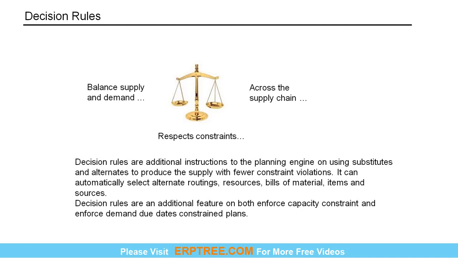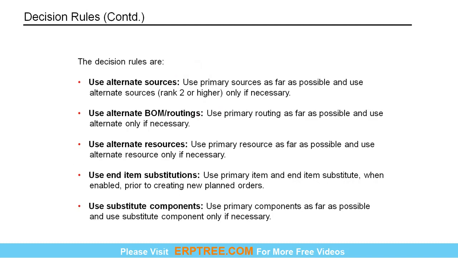All these decision rules can be put into the ASCP planning options. The decision rules are mainly: use alternate sources, use alternate BOM routings, use alternate resources, and substitute components.